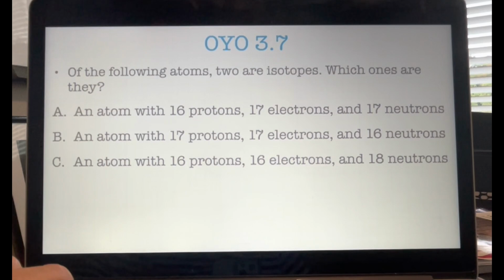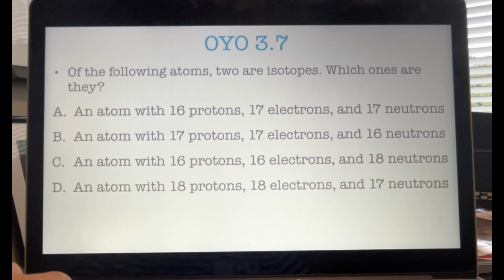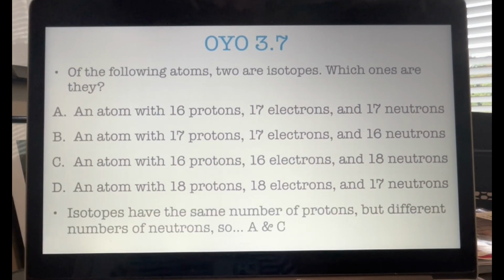An atom with 16 protons, 16 electrons, and 18 neutrons. Or an atom with 18 protons, 18 electrons, and 17 neutrons. This should be quite easy for us. We know to be an isotope, they have to have the same number of protons. So it has to be A and C.